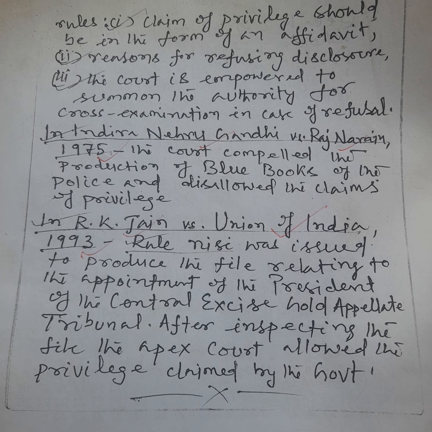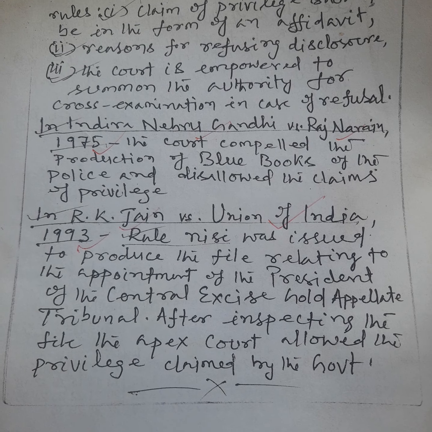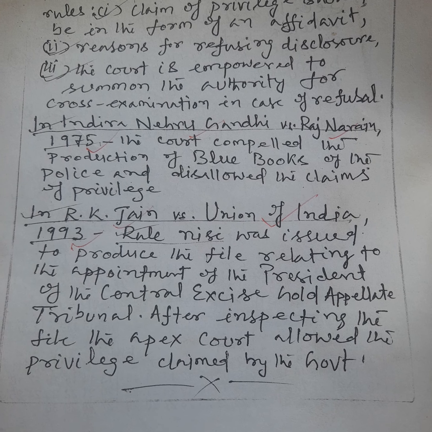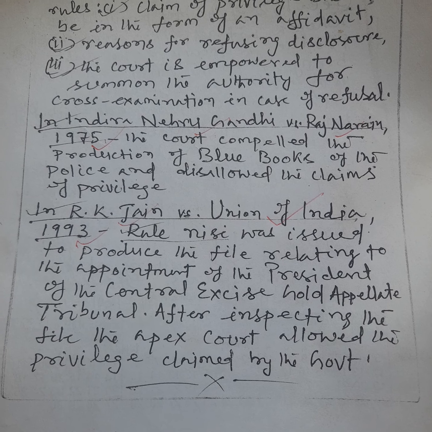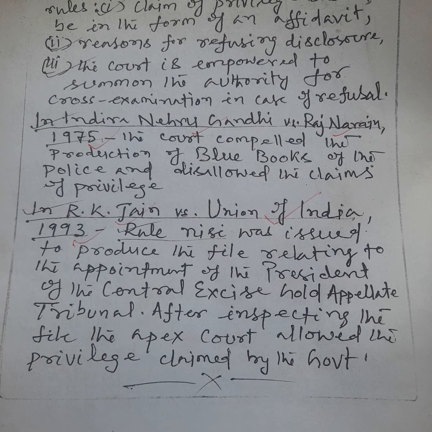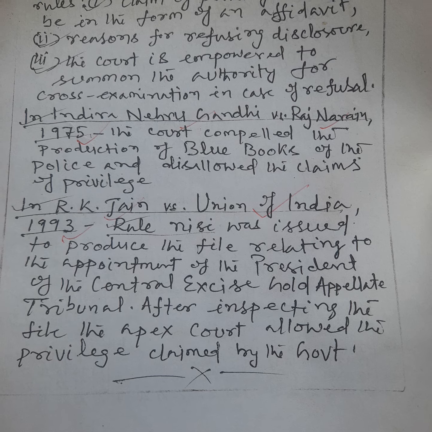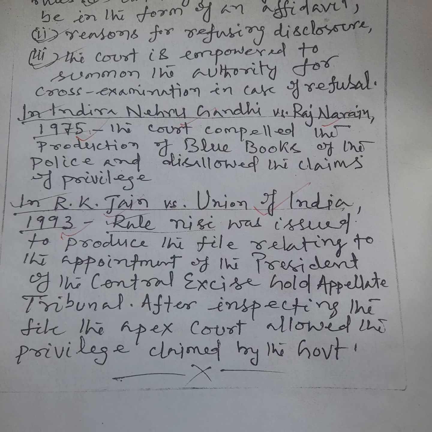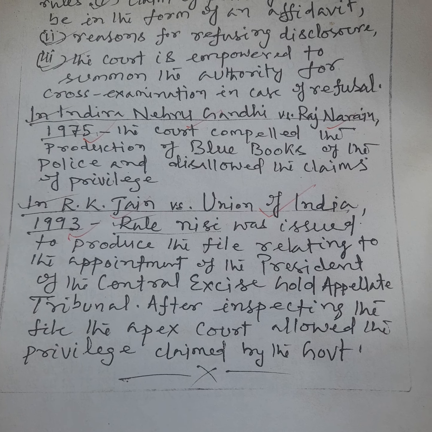in case of refusal. And in that context, we have discussed the very important leading case, Indira Nehru Gandhi versus Raj Narain, a case of 1975, regarding the production of the blue books of the police, which the police claimed to be a privileged document, and how the claim of privilege was disallowed by the apex court.